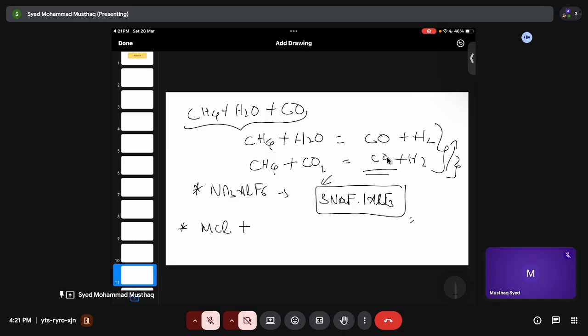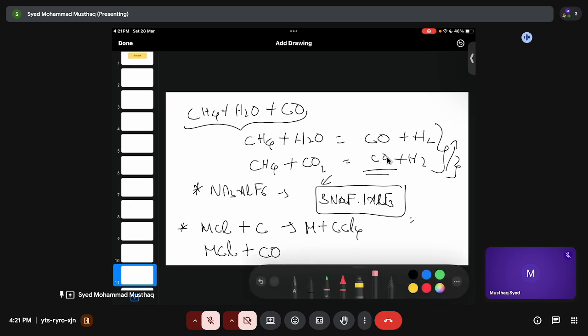So you need to use, let's say, carbon monoxide, or if you want to convert them into oxides, you cannot just directly do this. No, this is highly unlikely.